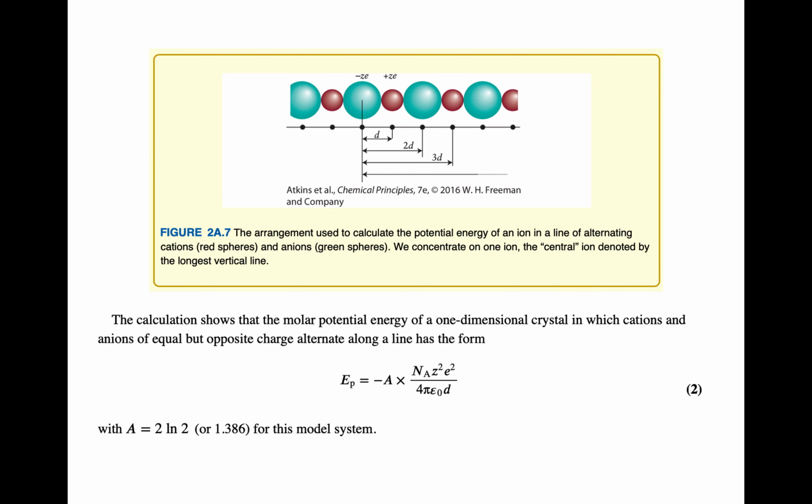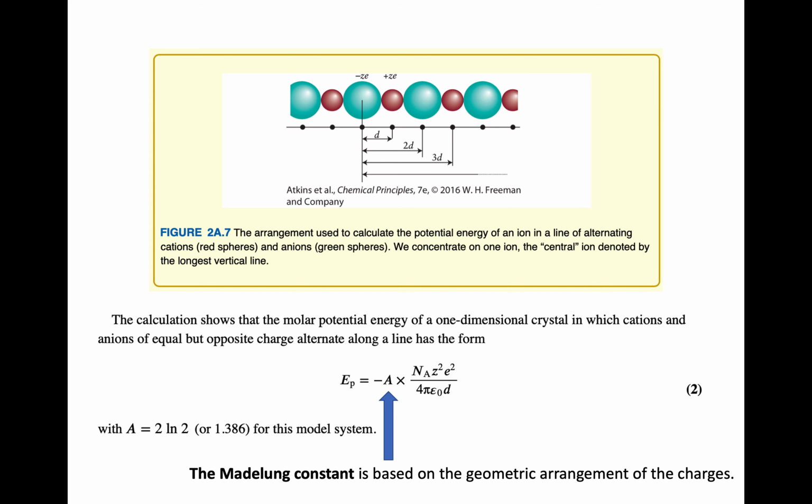Now, Atkins gives a description so we can begin to think about this in a very simple system. If you were just to have these alternating charges all in a line, a one-dimensional crystal, he shows how you can construct what the resulting pattern would be. And when I say pattern, what the resulting factor would be, which is called the Madelung constant, that's based on the geometric arrangement that you're considering.